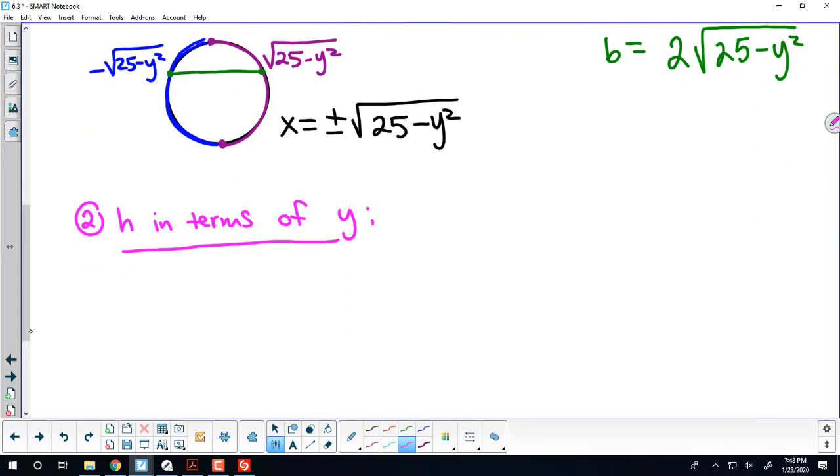Fortunately, for any equilateral triangle there is always a specific relationship between the base and the height. So there's our h. There's our b.